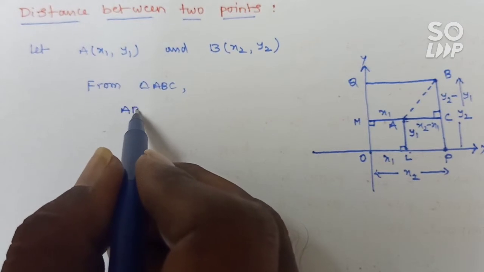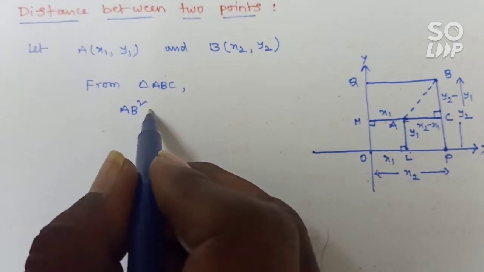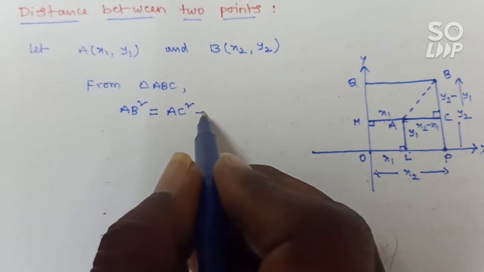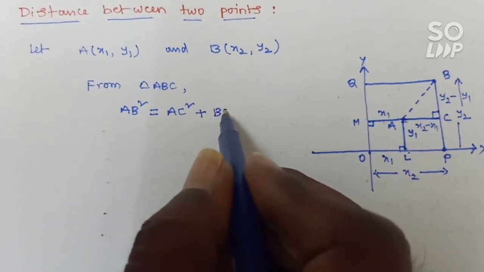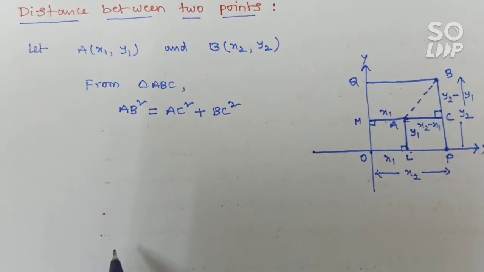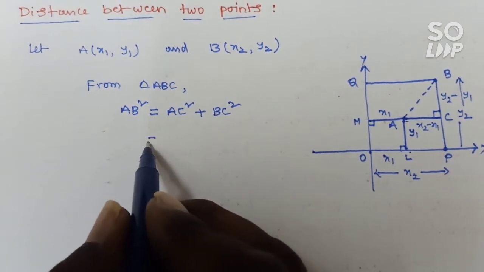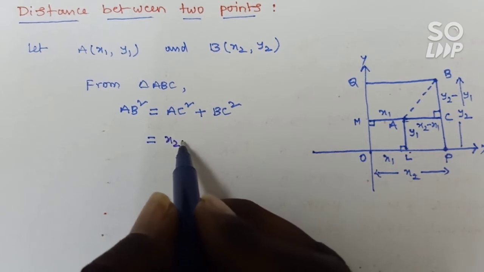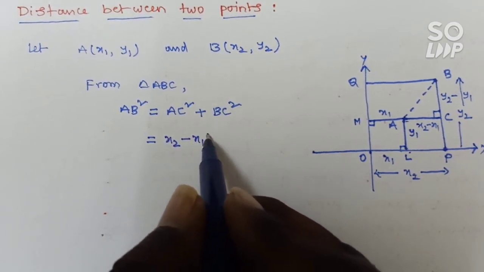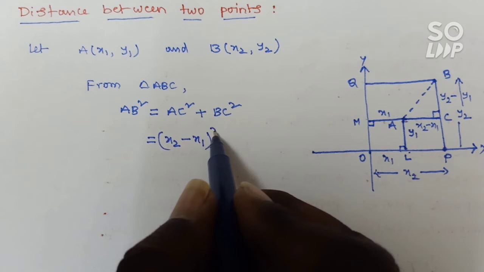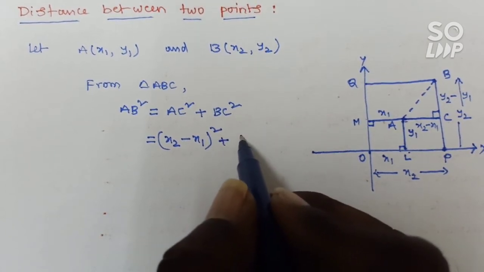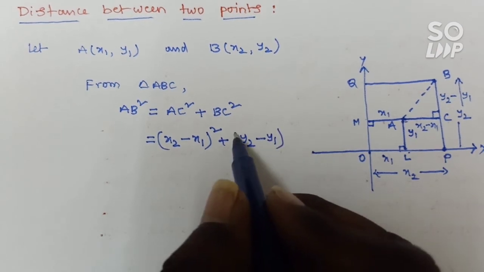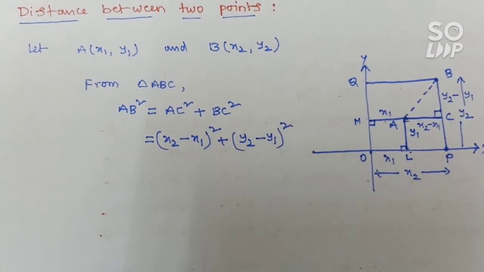AB square is equal to AC square plus BC square. The length AC is x2 minus x1, so this is whole square, plus the length BC is y2 minus y1 whole square.